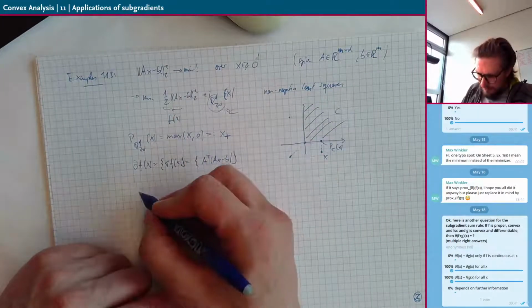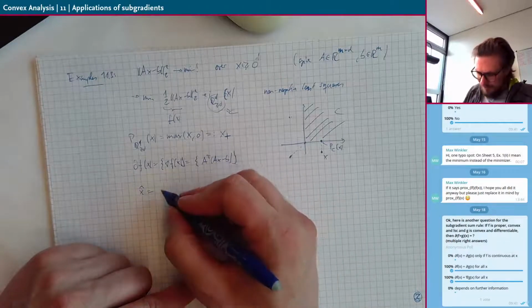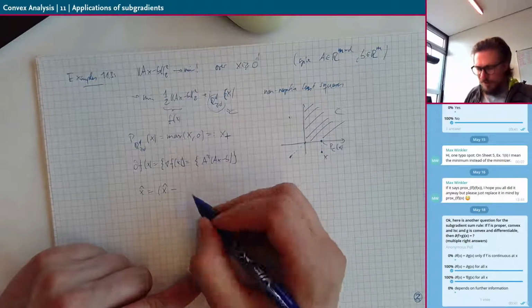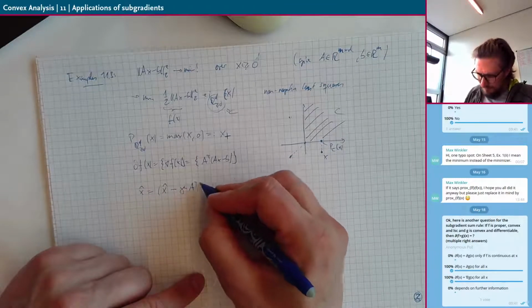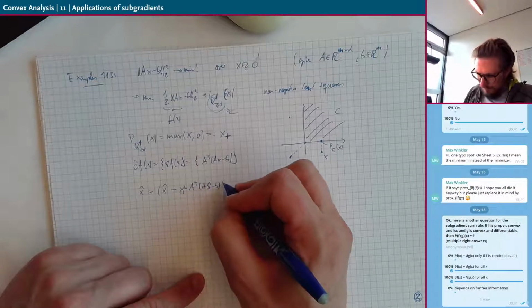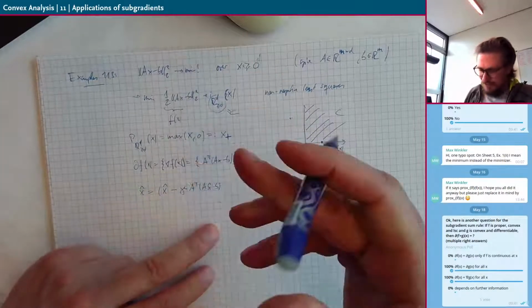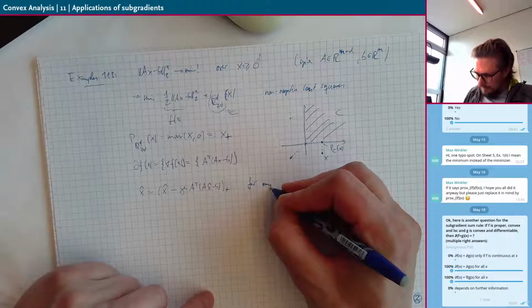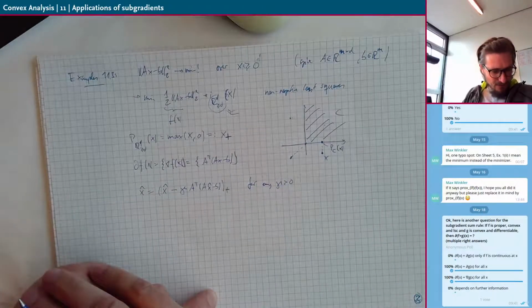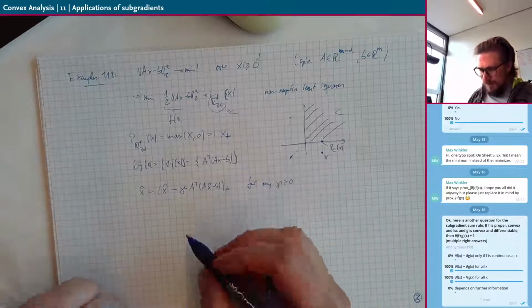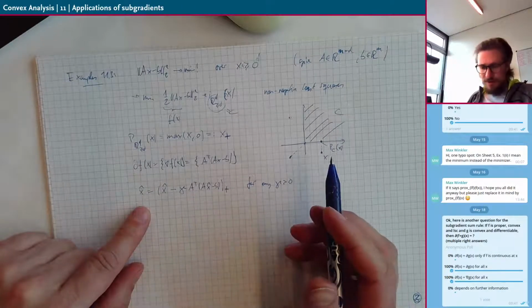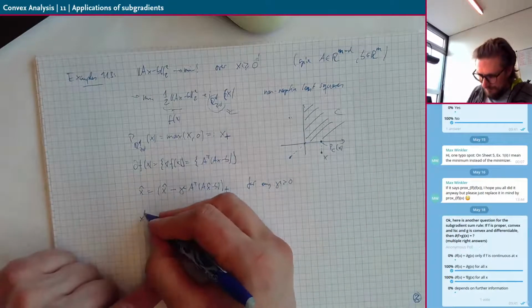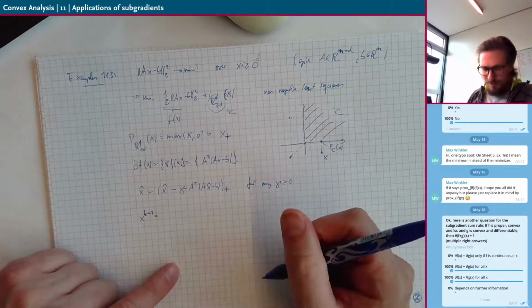So that means the characterization for optima gives us that x hat has to be the same as if we move x hat into the direction of the negative subgradient and project back to the non-negative orthant, for any gamma non-negative. And this is now a fixed point equation for x hat. So why not just iterate it and hope for the best? For fixed point equations, it's usually not a bad idea to turn them into iterations.